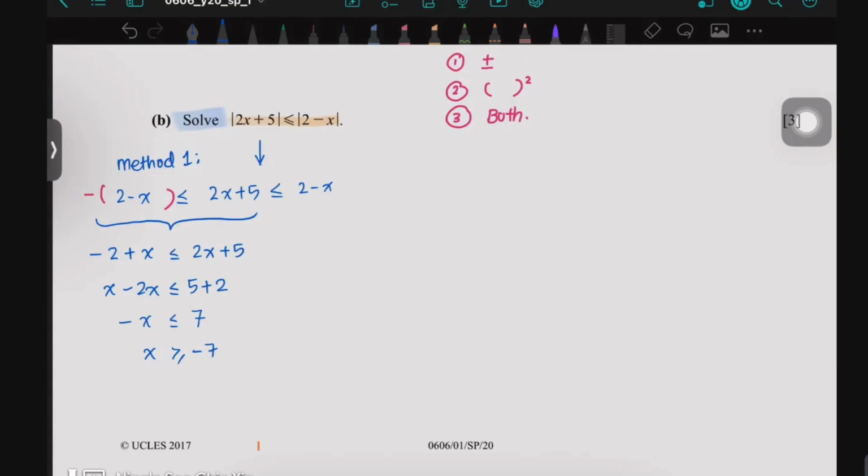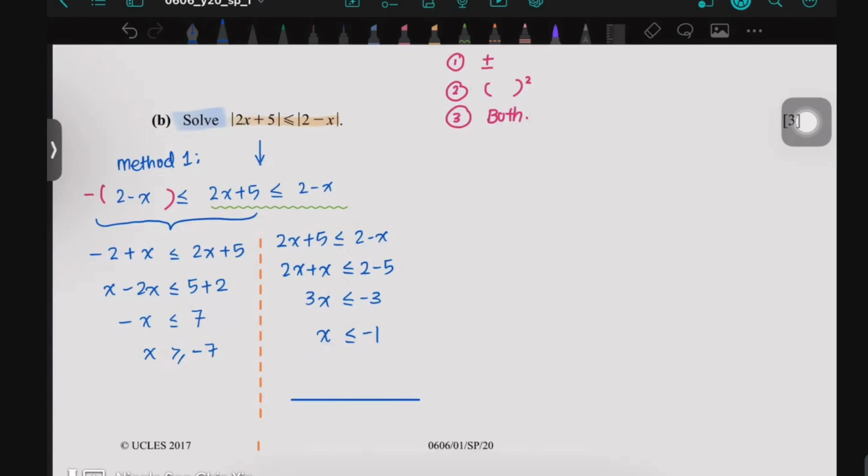Second part, I will work out 2x plus 5 less than or equal to 2 minus x. So 2x plus x less than or equal to 2 minus 5. So I get 3x less than or equal to negative 3. My x is less than or equal to negative 1. Now to determine the inequality, I draw a number line.